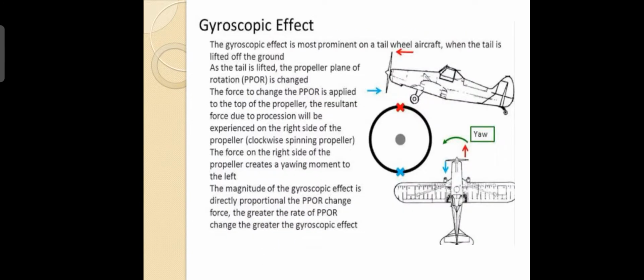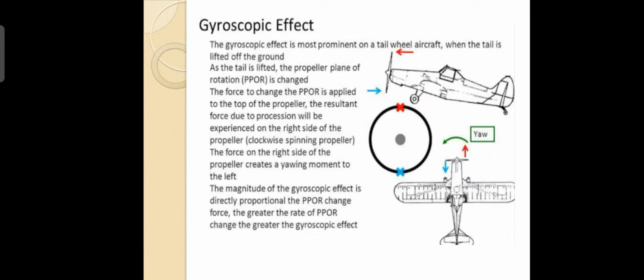Gyroscope effect. The gyroscope effect is most prominent on a tail wheel aircraft. When the tail is lifted off the ground, the propeller's plane of rotation is changed. The force to change the plane of rotation is applied to the top of the propeller.